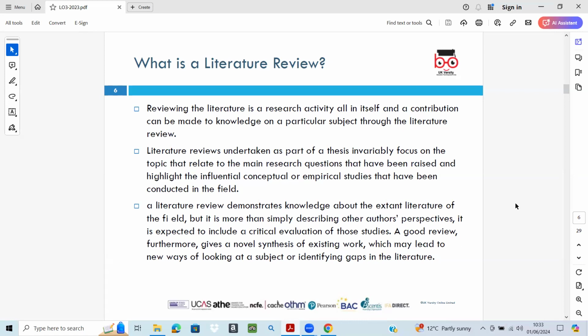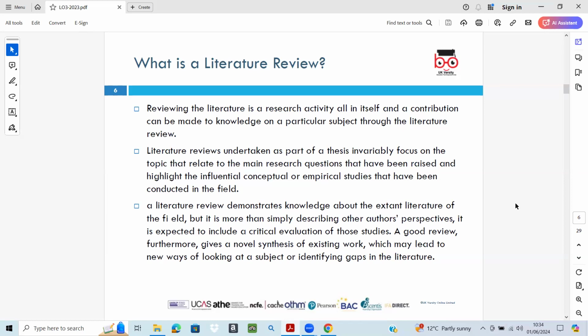Then we have novel synthesis and identification of gaps. A good review gives a novel synthesis of existing work, which may lead to new ways of looking at a subject or identifying gaps in the literature.